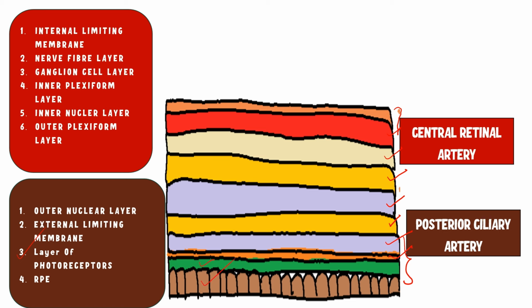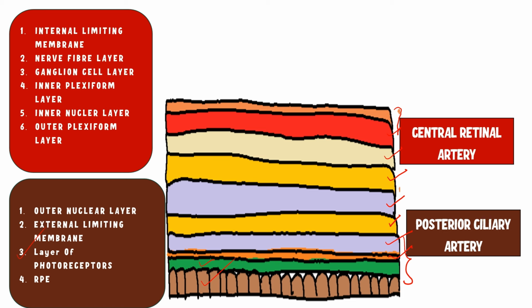Now, it is very important to remember that although the outer 4 layers are supplied by the choroidal circulation, the choroidal vessels are not present in the outer 4 layers of the retina. Because if there were choroidal vessels present in the outer 4 layers of the retina, that would interfere with the vision, and that would be a pathology.